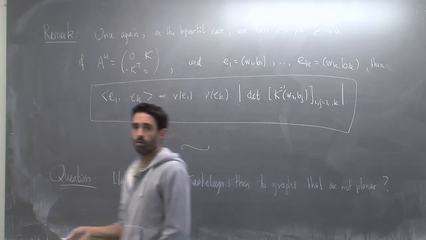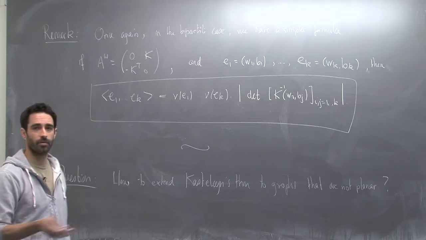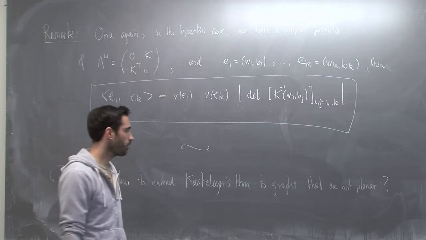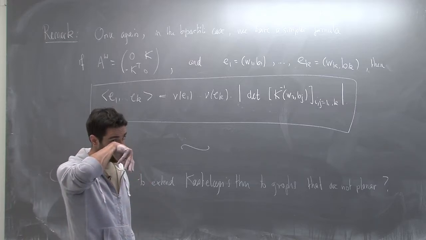Of course we know that it's not going to be given by a single Pfaffian. This is not possible because of Valiant's theorem. But is it still possible to say something?